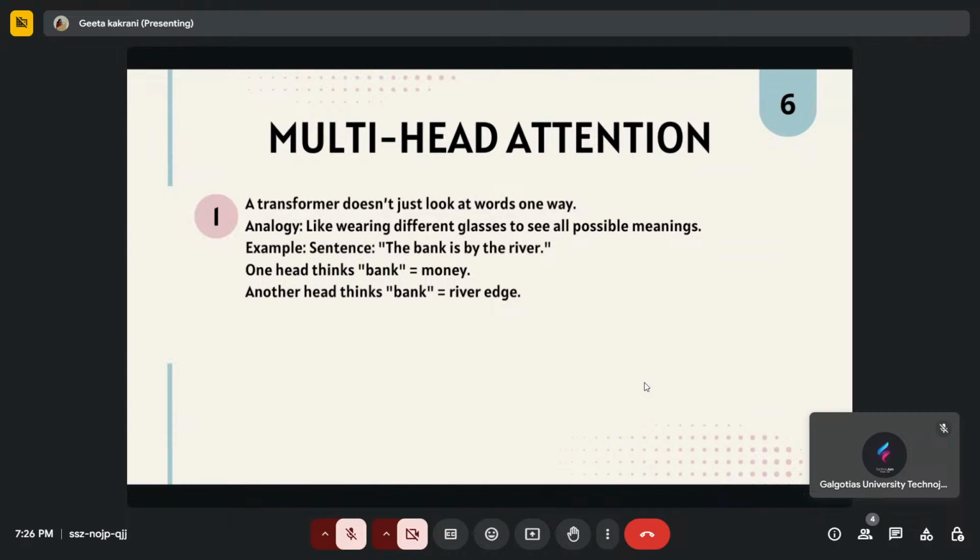Now you are getting a new line. You just got the word apple. Here it will check in which context apple is used, fruit or company. So multi-head attention means it tries to get your word's relationship with other words, and after that it will get attention, and after that it will get context.